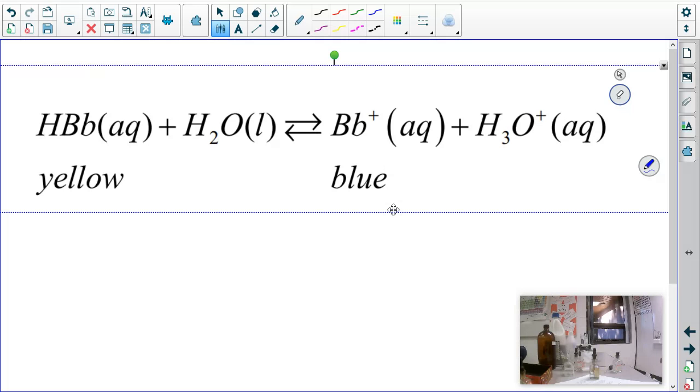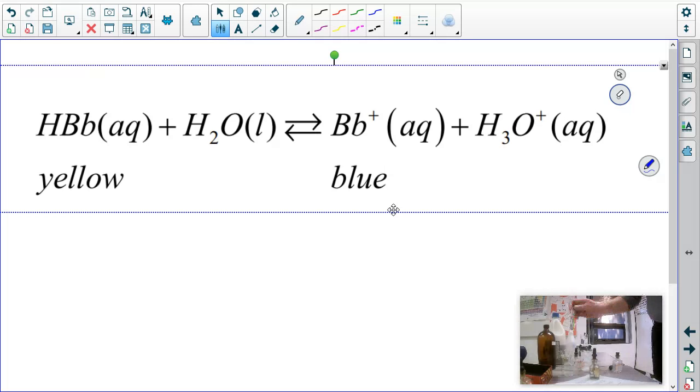Now, we have this system. This system is an indicator, bromothymol blue, with water. So it basically has a pH of 7 right now, slightly more than 7. But we've reached equilibrium where this equilibrium is green.